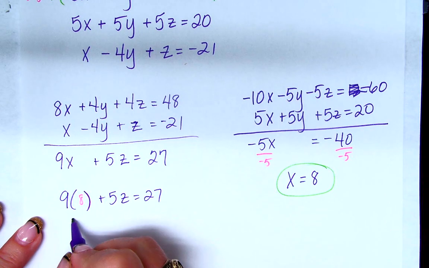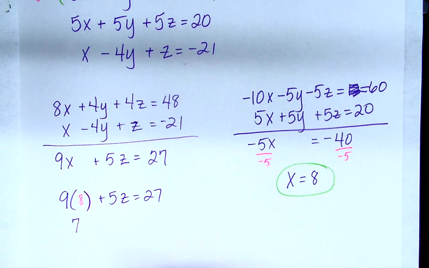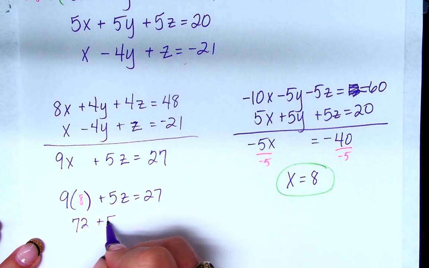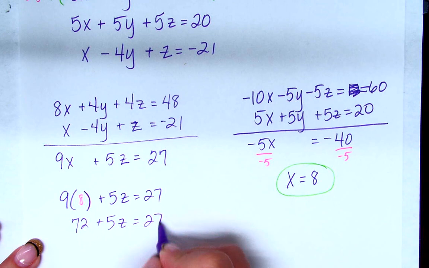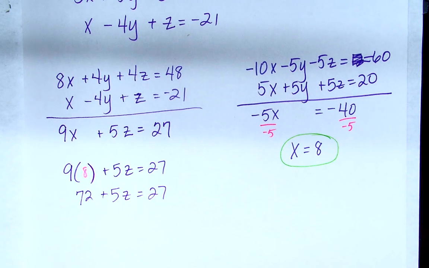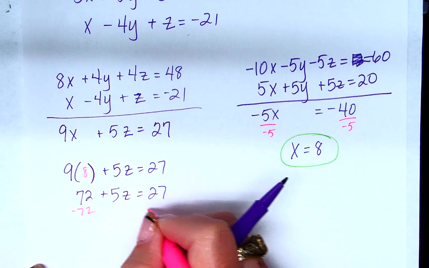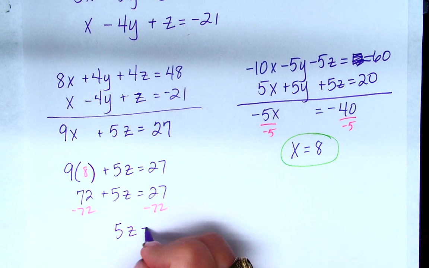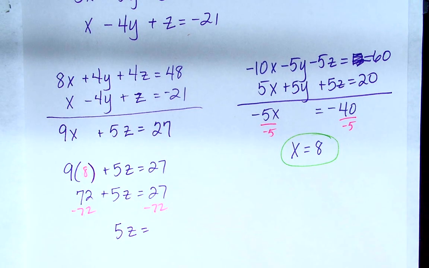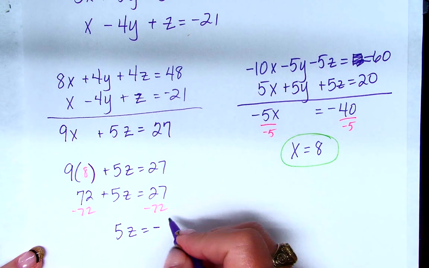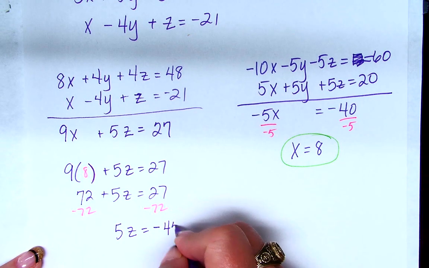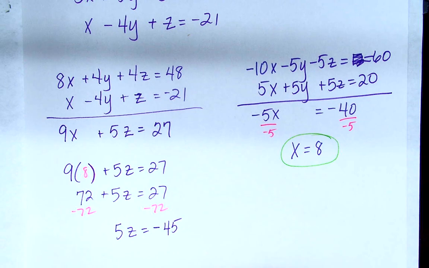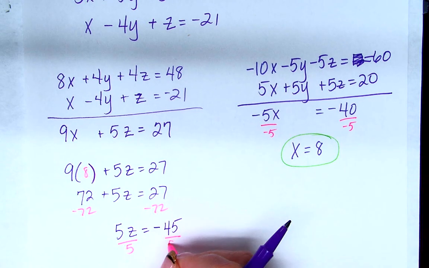So 72 plus 5z equals 27. 5z equals negative 45. So z equals what? -9.